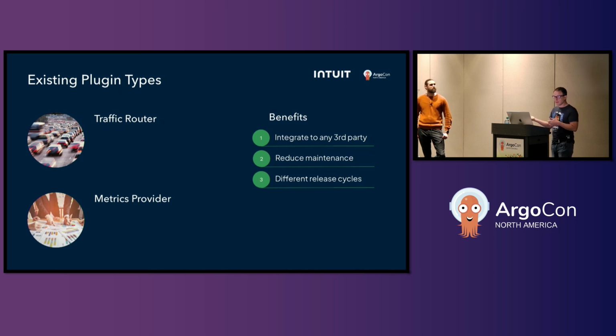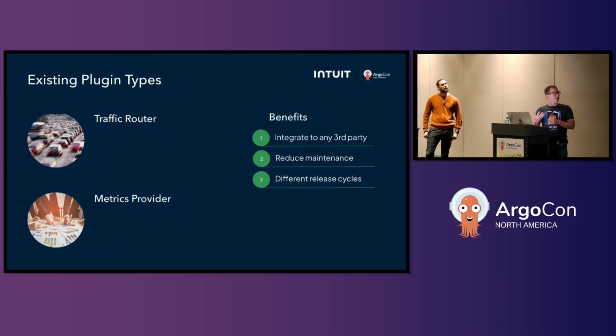And now, thanks to Alex, who's implemented the Step plugin feature, we have Step plugins. These plugins are a really great addition to the ecosystem because they allow you to essentially adopt rollouts, even if you have a traffic router that's not supported currently. You can write your own plugin to do it, and you don't have to contribute that to the open source.